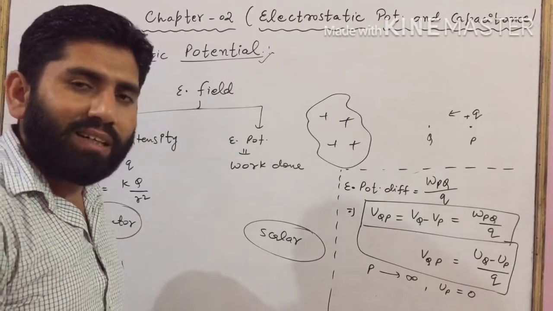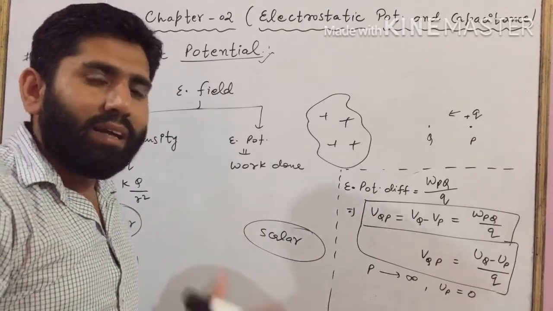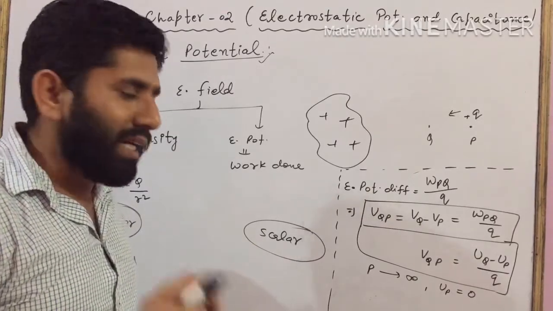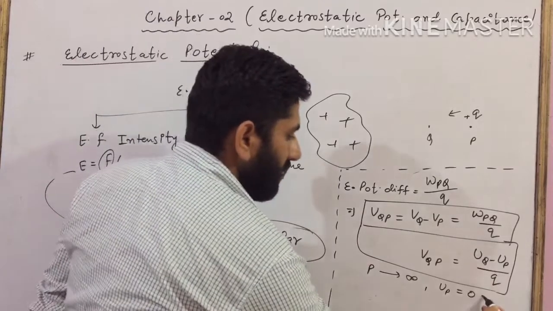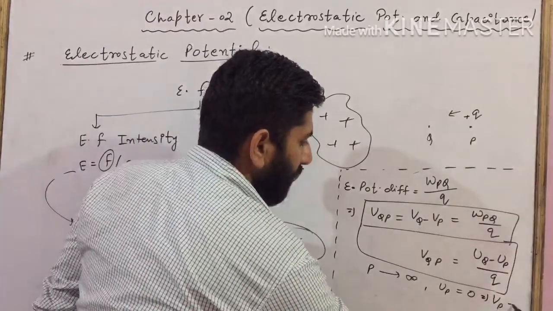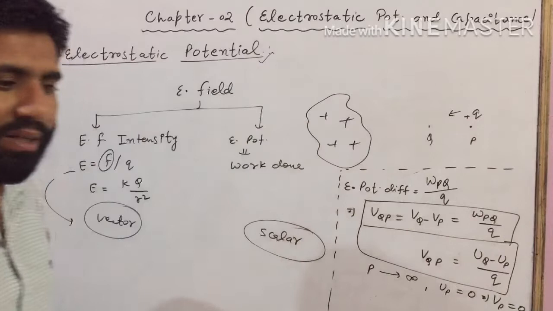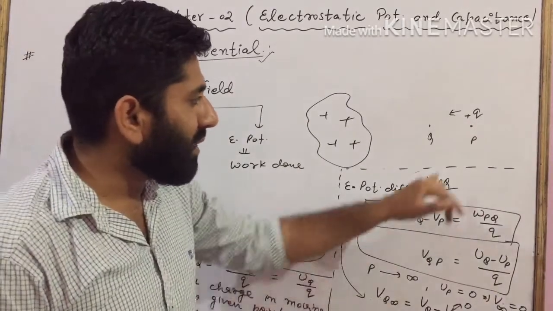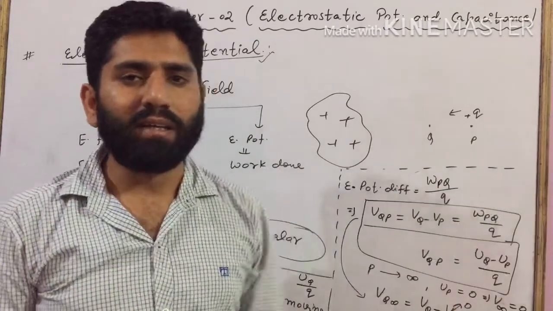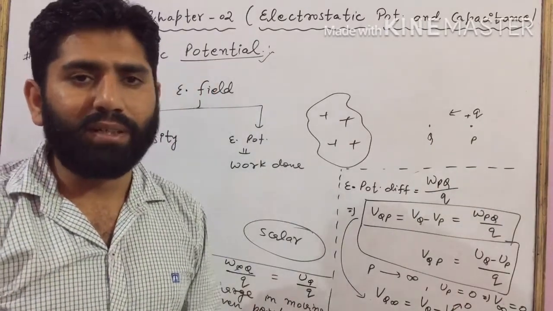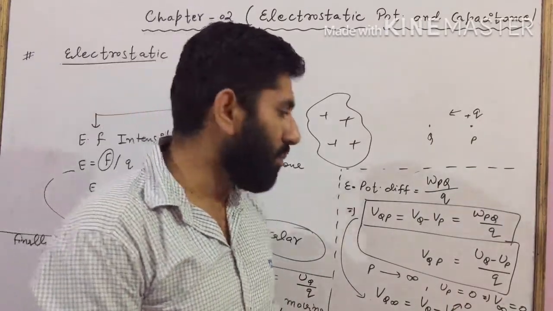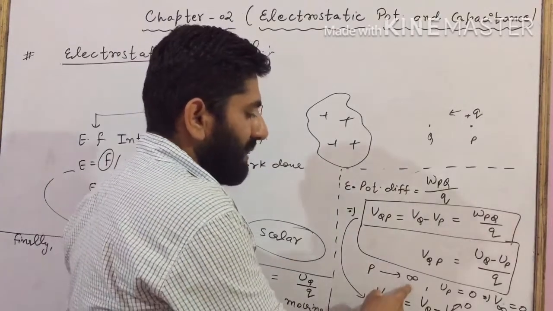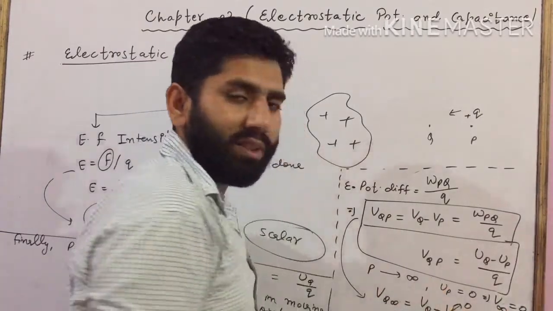If potential energy is 0 and electric field is also 0, then the potential at point P should also be 0. At infinity the field will disappear, so the potential can be taken to be 0. So if P is at infinity, the potential will be 0 only.